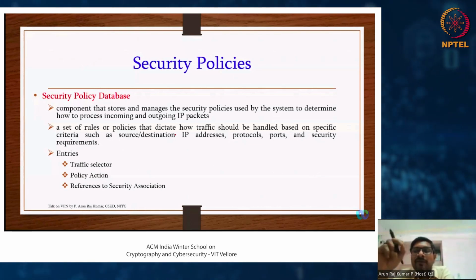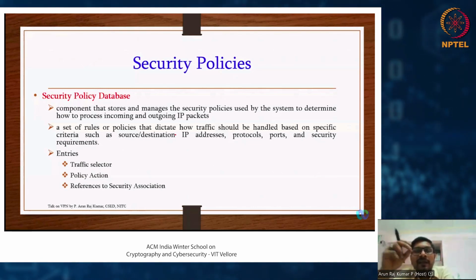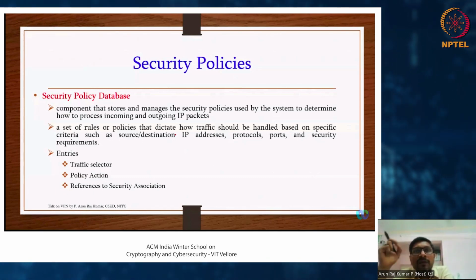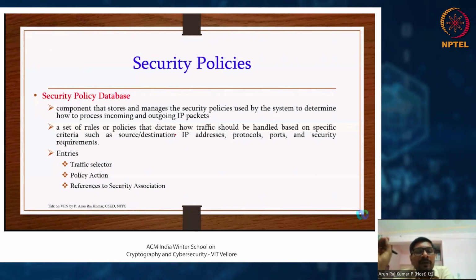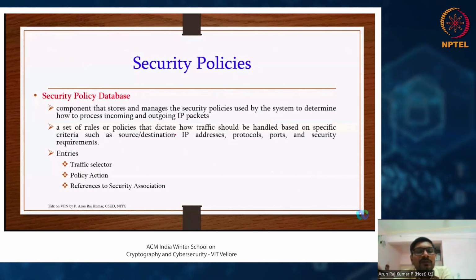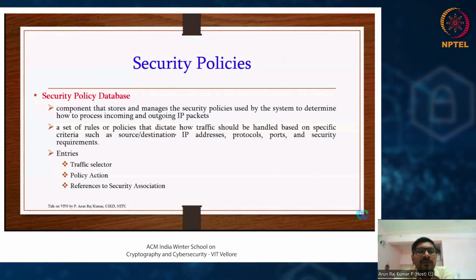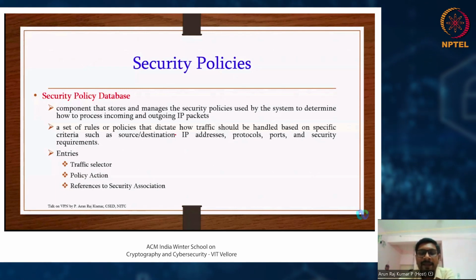Basically we have rules and policies saying whether I should accept this packet, deny it, bypass, or discard it. All these are written as a kind of access control matrix in a rule set, for example whether this destination IP address and this particular port are allowed inside my network. All the rules are defined in the security policy database.